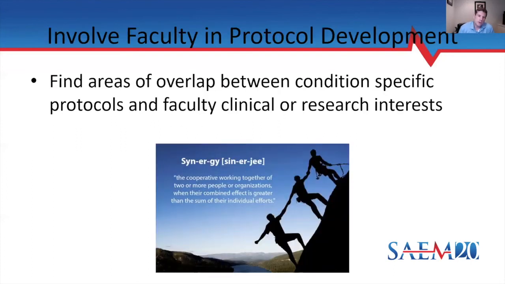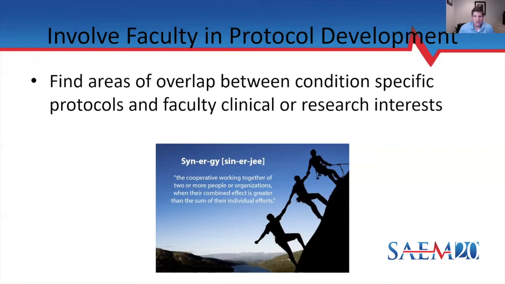So you are going to have a group of existing protocols, and there will be a constant need to either update or upgrade them because the evidence behind those protocols is always changing. Usually at least once a year, it's worth taking a look at the protocol to make sure nothing significant has changed. It could be that you take a look and there's nothing that's changed and you move on. But oftentimes it could be improved.